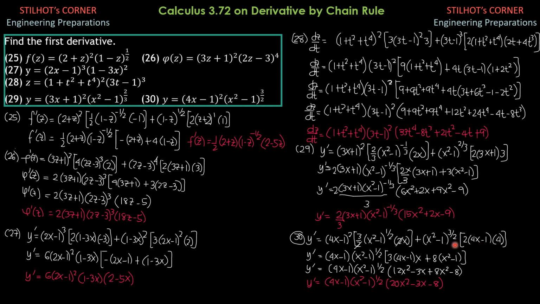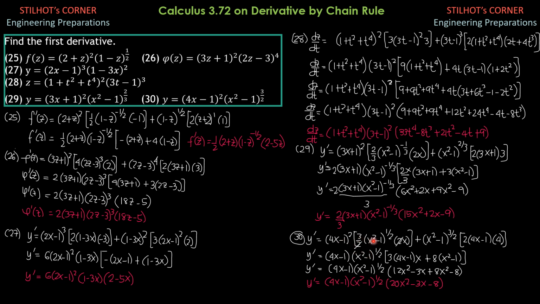So let's cancel 2, and for the constant, this is 3 and that's 8, so there's no common factor for the constants. For 4x minus 1, we have 4x minus 1 raised to 1. Then for x squared minus 1, this is the least exponent, so x squared minus 1 raised to 1 half. So this term here divided by this common factor, then we have 4x minus 1 raised to 1 definitely.